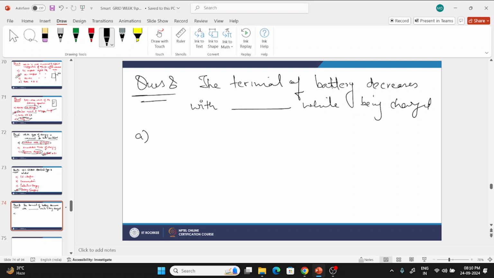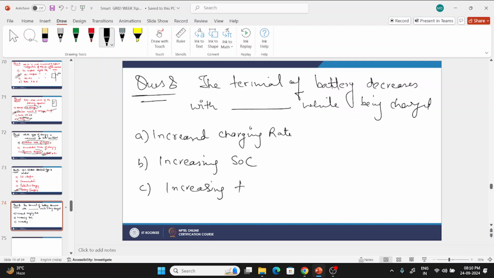The first option is increased charging rate, B. Increasing state of charge, C. Increasing temperature, and D, all of the above. ठीक, ये बता.